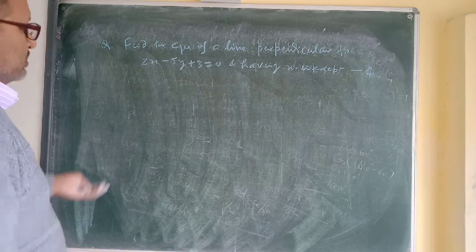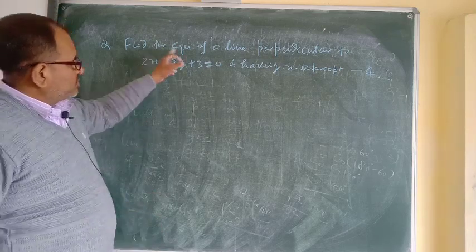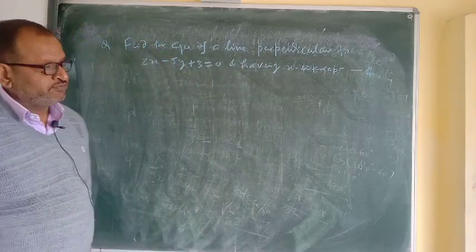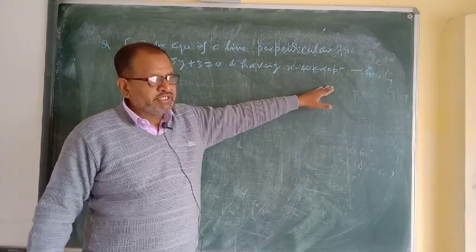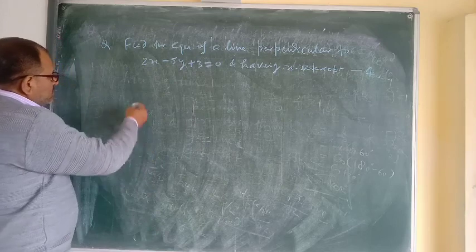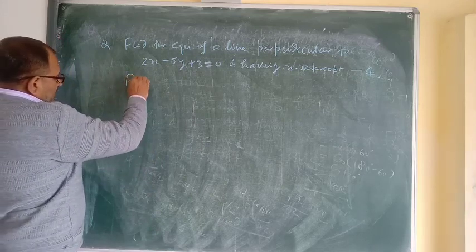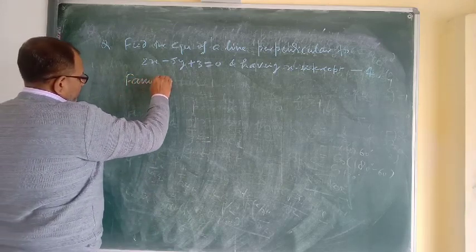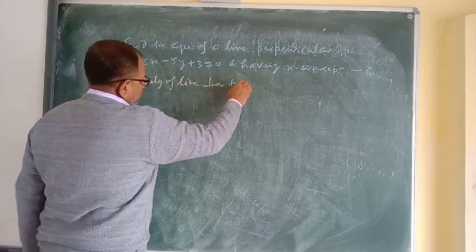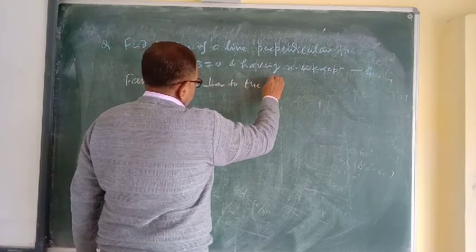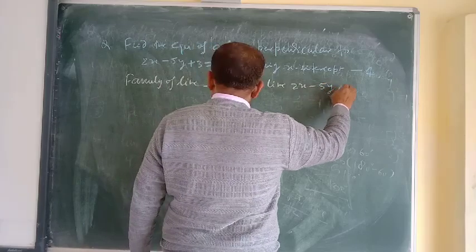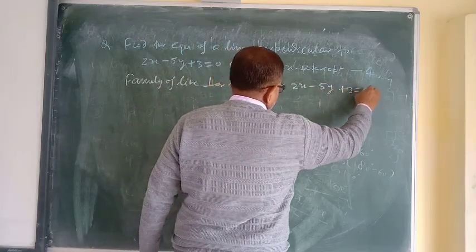How can we find the equation of this line? Equation of a line perpendicular to this and having x-intercept minus 4. X-intercept minus 4 means the line passes through minus 4 comma 0. So we can write the family of lines perpendicular to the line 2x minus 5y plus 3 is equal to 0.